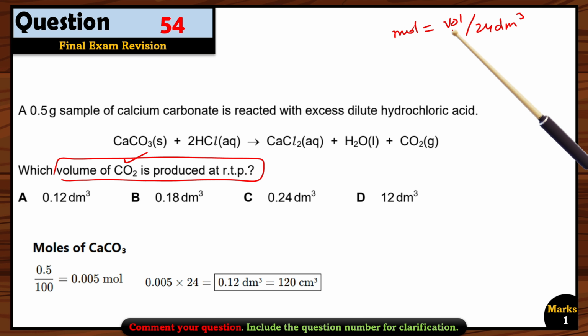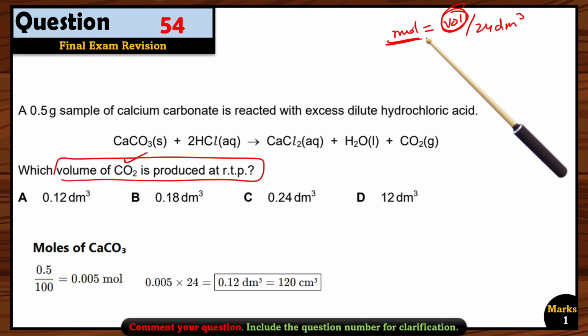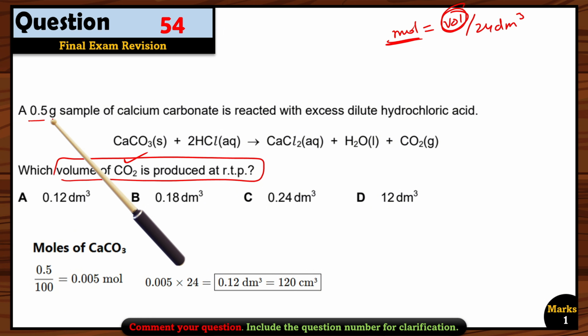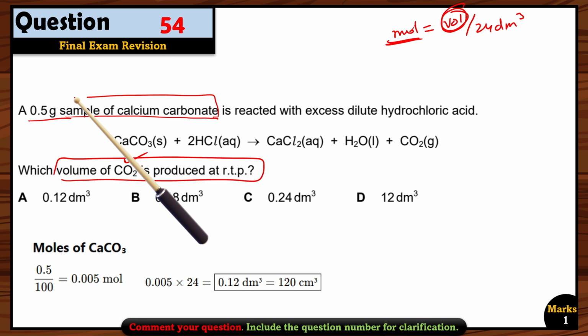So we have to find the volume now, right? But we don't know the moles. So how can we find the moles? It's simple. You can find the moles from here. The information is given for calcium carbonate, and it is in grams, right?